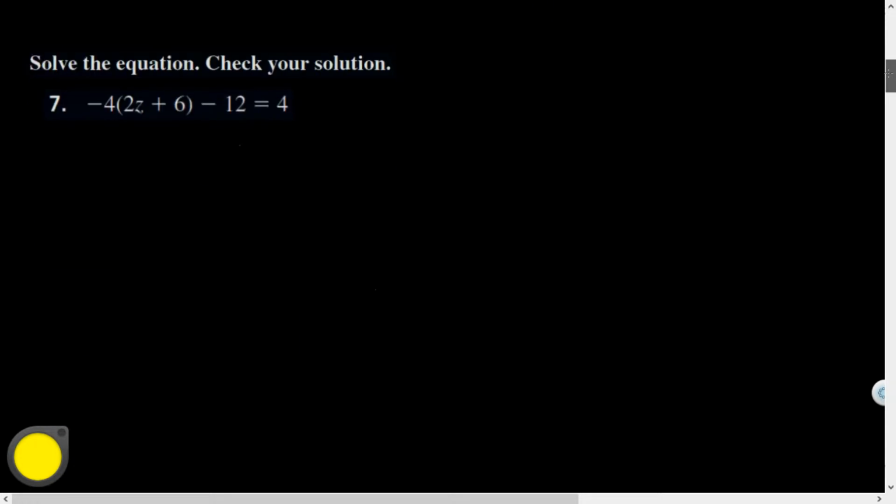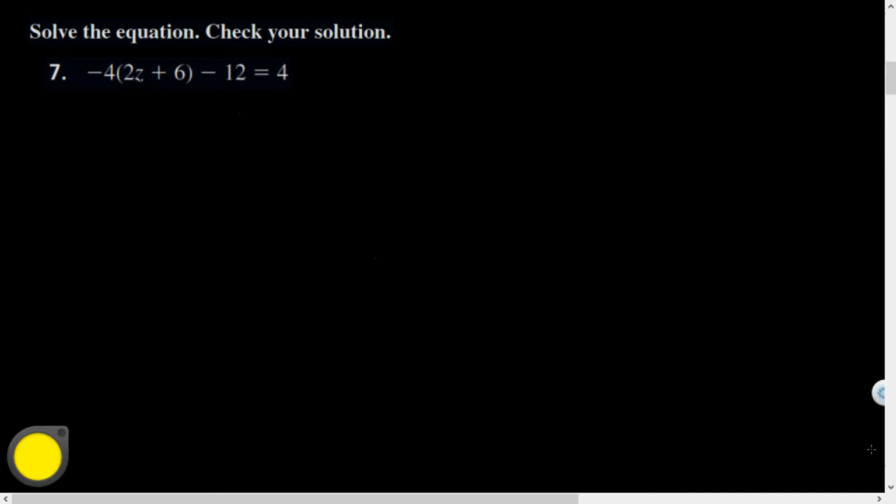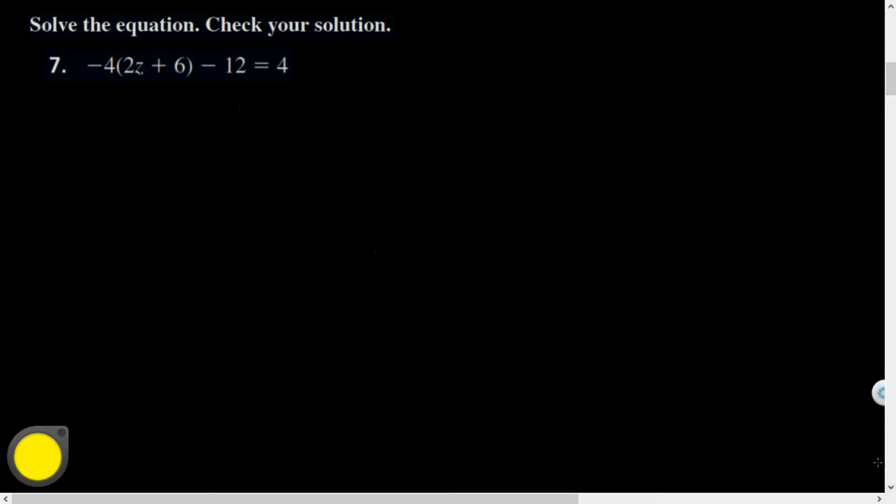Let's look at a little bit trickier of a problem, a multi-step. And there are multiple ways that you can do this problem. As long as you're obeying the laws of math, you'll be good.